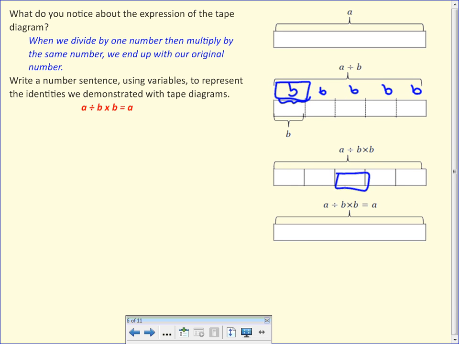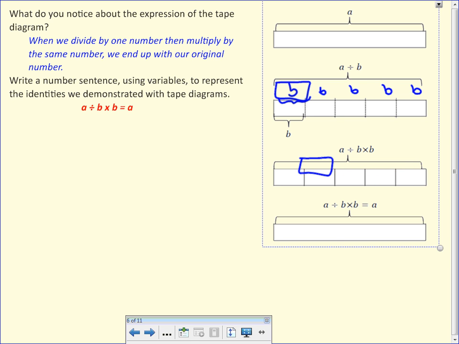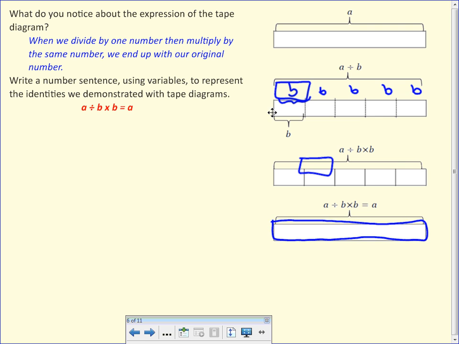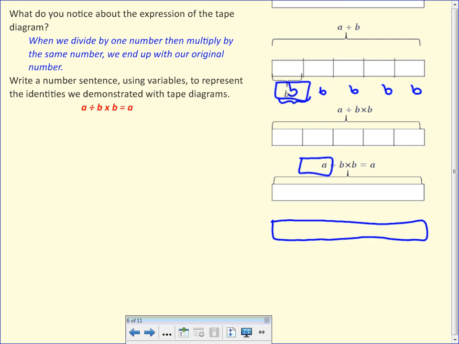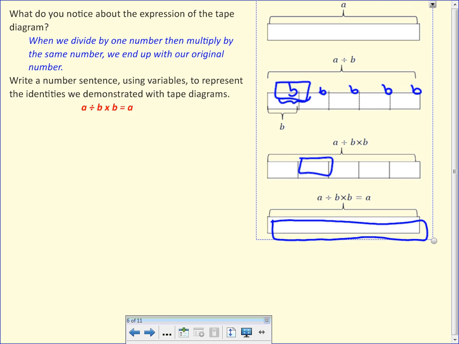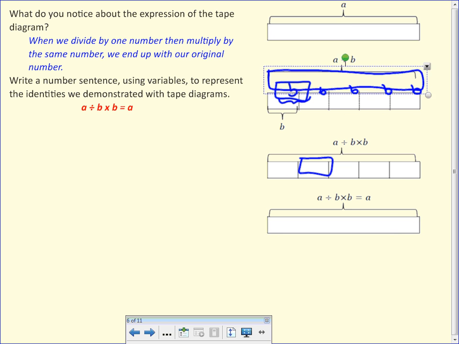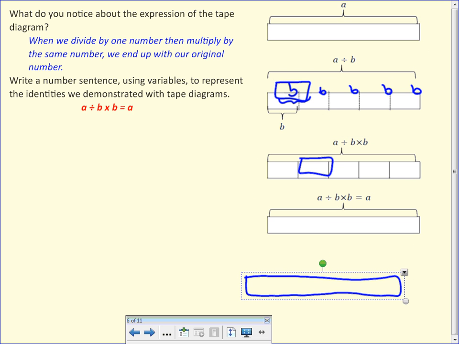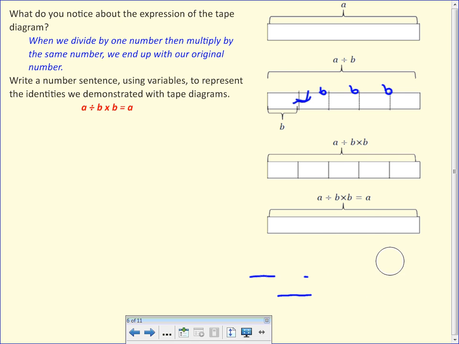And when I put them all together, what do I get again? I get the A back. This is the A up here. So that was really fancy just to make a silly point. When I multiply and divide by the same number, I get the same number back.